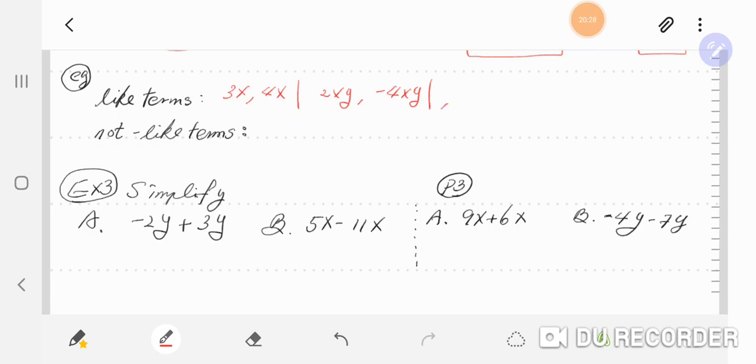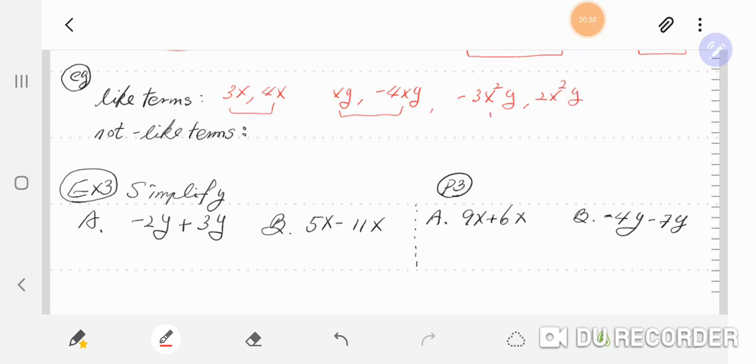How about negative 3x squared y and 2x squared y?